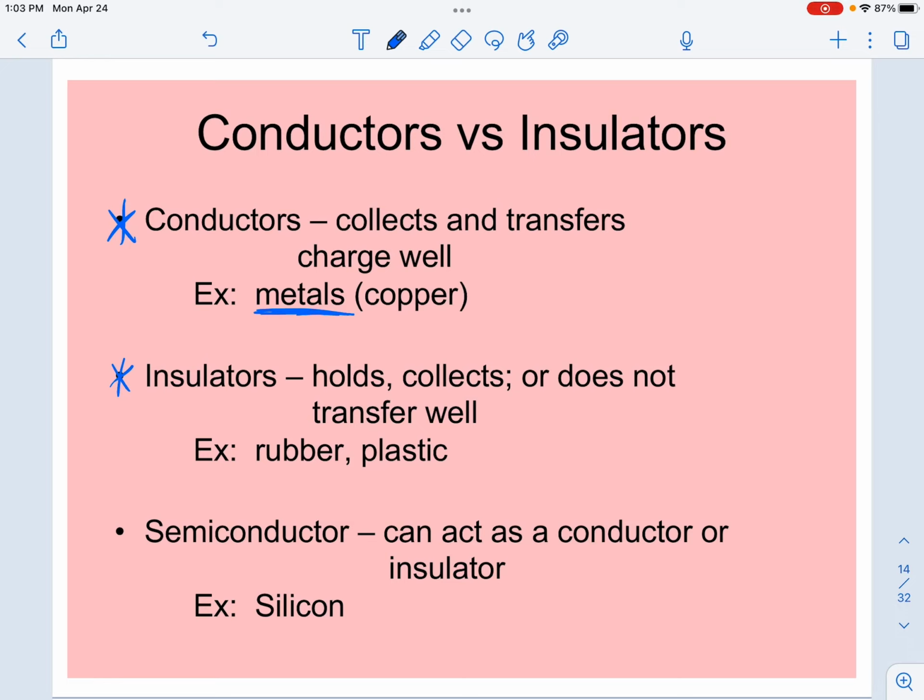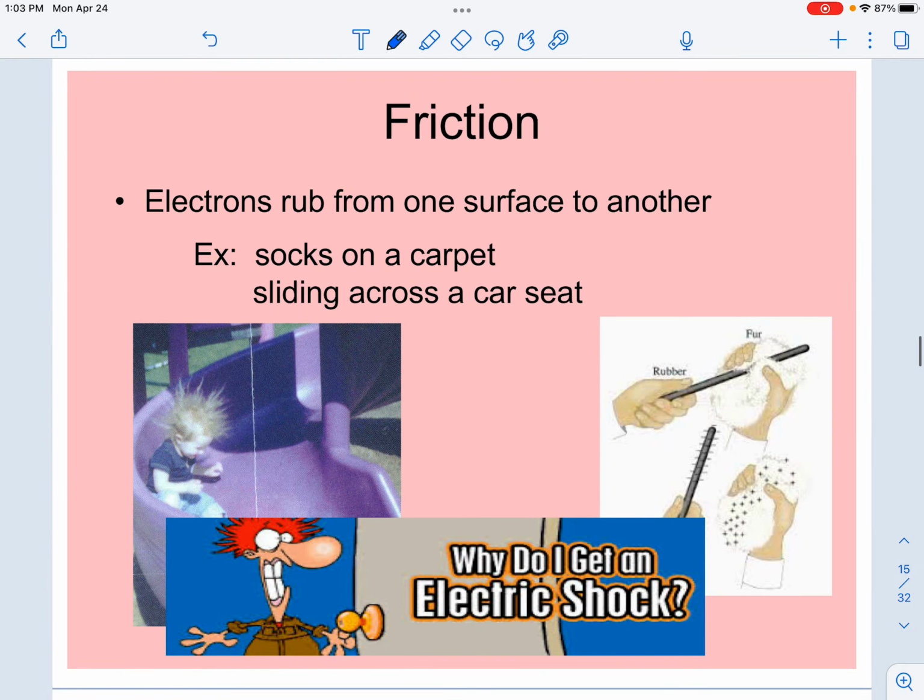So these are going to be things like styrofoam, plastic, rubber. It doesn't mean that energy can't pass through these materials, but it's going to happen at a very slow rate because they're just not going to allow those electrons to move along as easily.